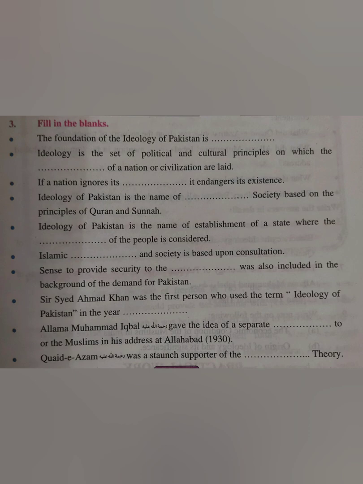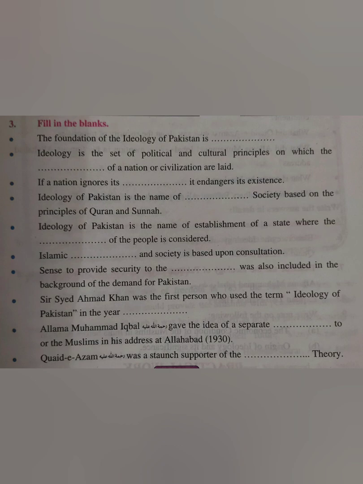The next blank is: Islamic state and society is based upon consultation. Number 7: the need to provide security to the minorities was also included in the background of the demand for Pakistan.